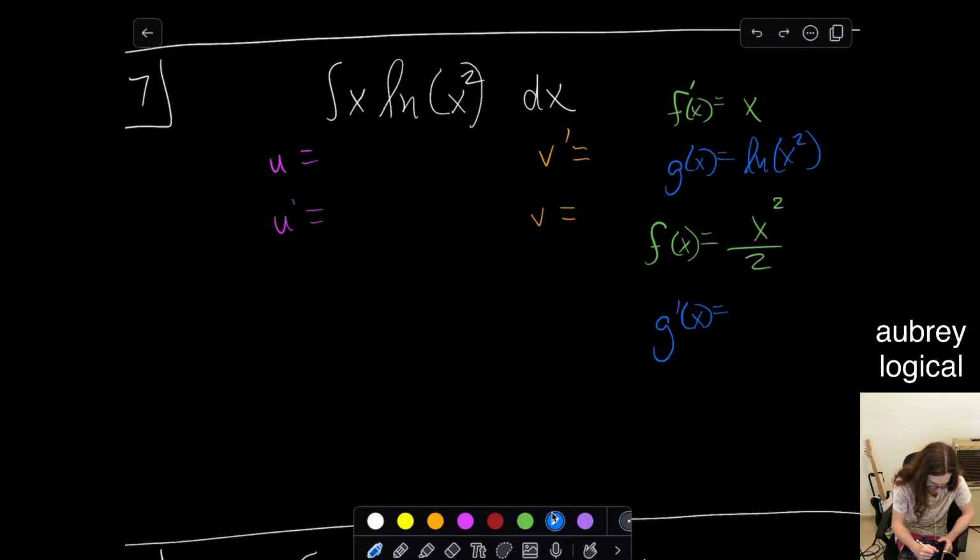Next, we need to find our derivative of the ln of x squared. Now, the derivative of ln of u is equal to 1 over u times u prime.